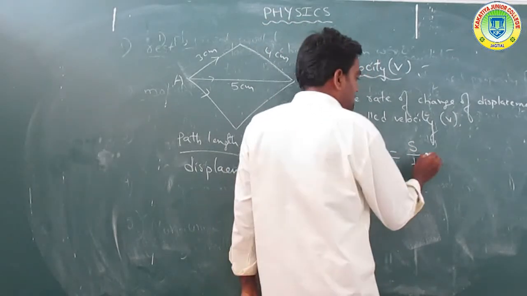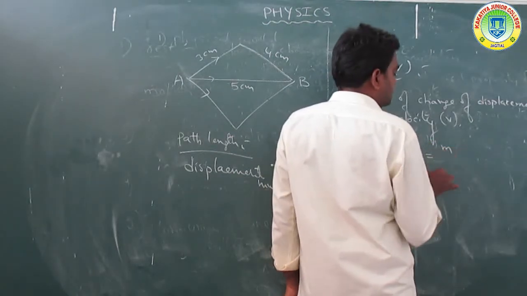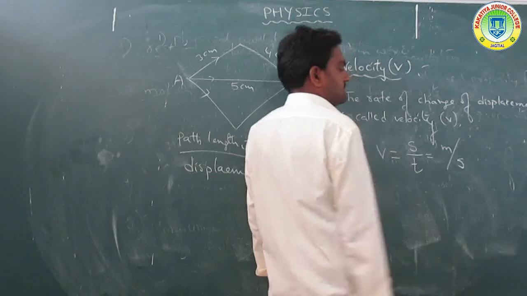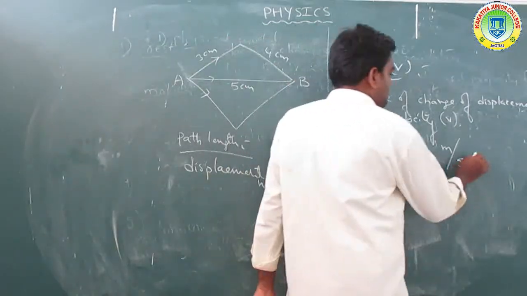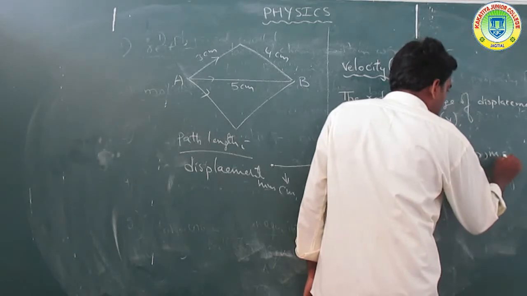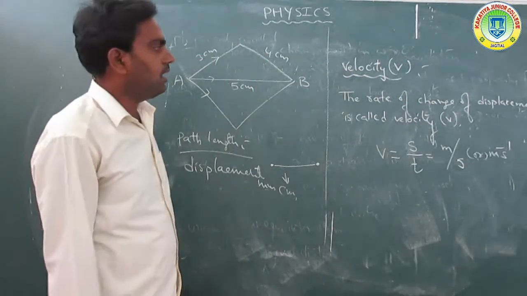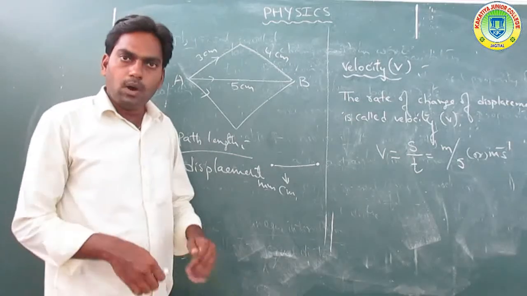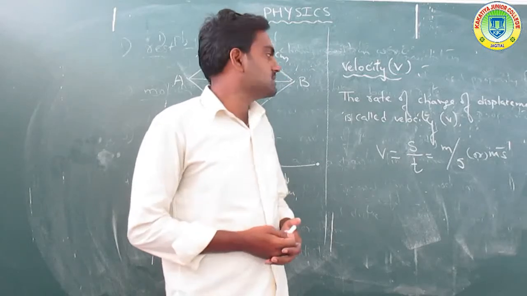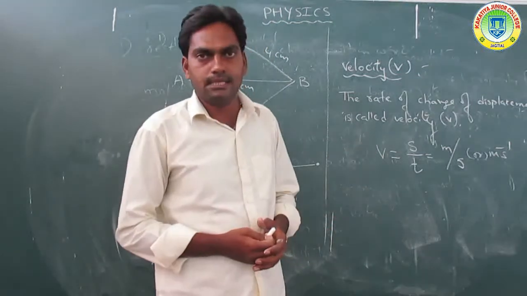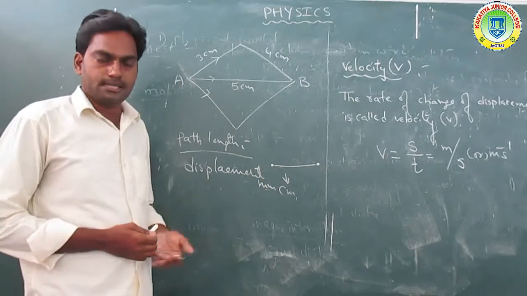Units of velocity: displacement is taken in meters and time in seconds, so meter per second, or meter second inverse, are the units of velocity. So velocity is the rate of change of displacement.